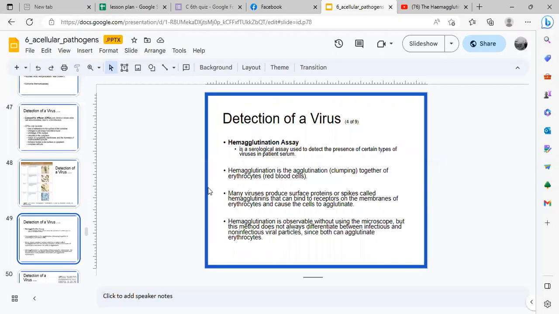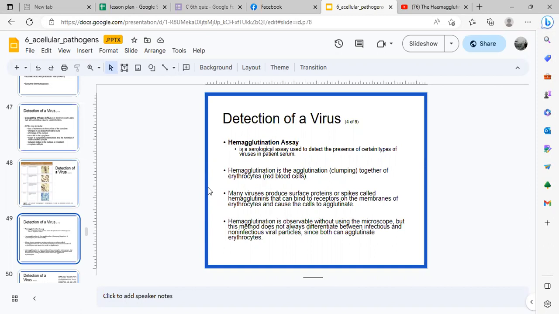Another way is through the hemagglutination assay. This is a serological assay used to detect the presence of certain viruses in the patient's serum. From the term hemagglutination, you have the clumping together of erythrocytes, those are the red blood cells.